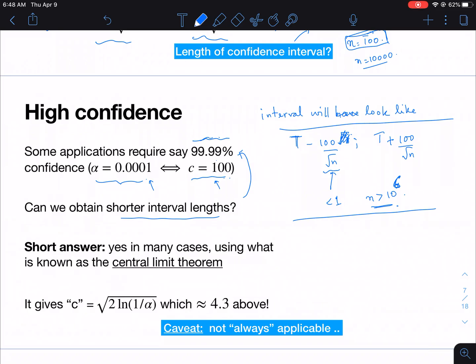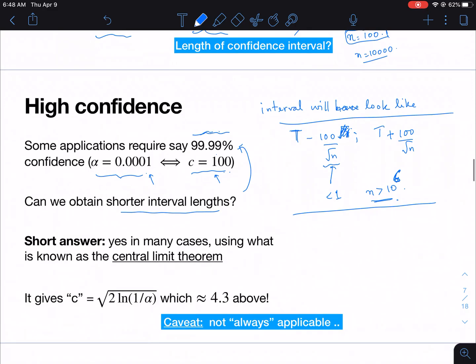So what is the central limit theorem? We'll see that in a little while. But the summary of what the central limit theorem implies in this case is that if you ask what is the right value of C, so here C was turning out to be root of 1 by alpha, right?